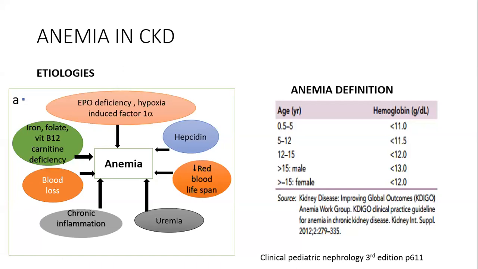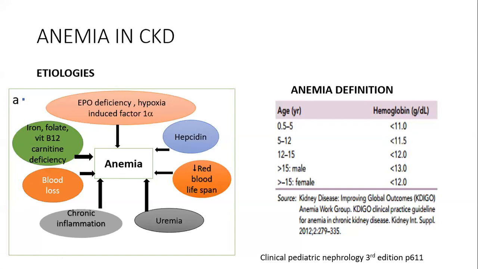You also have chronic inflammation, with the molecule called hepcidin. Hepcidin, which is produced in the liver, increases when there is chronic kidney disease, and it reduces the response to erythropoietin for producing red blood cells.